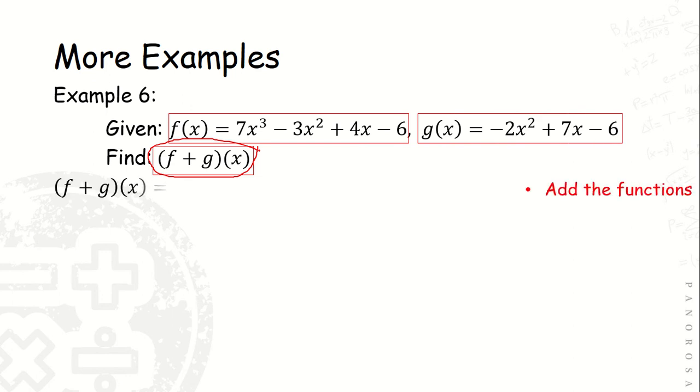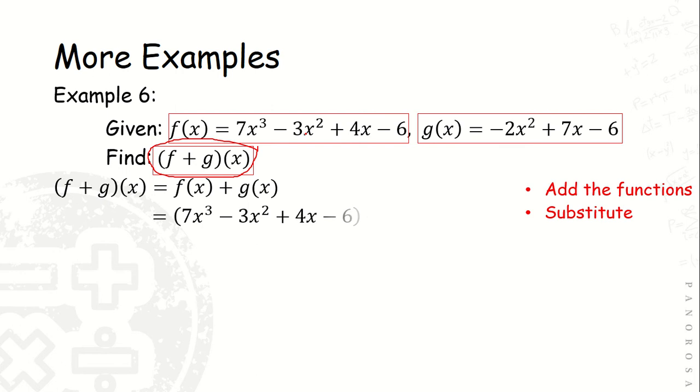First, we need to add the functions. So we have f of x plus g of x. Then second, we need to substitute. So f of x will be replaced by 7x to the third power minus 3x squared plus 4x minus 6, plus g of x will be replaced by negative 2x squared plus 7x minus 6.